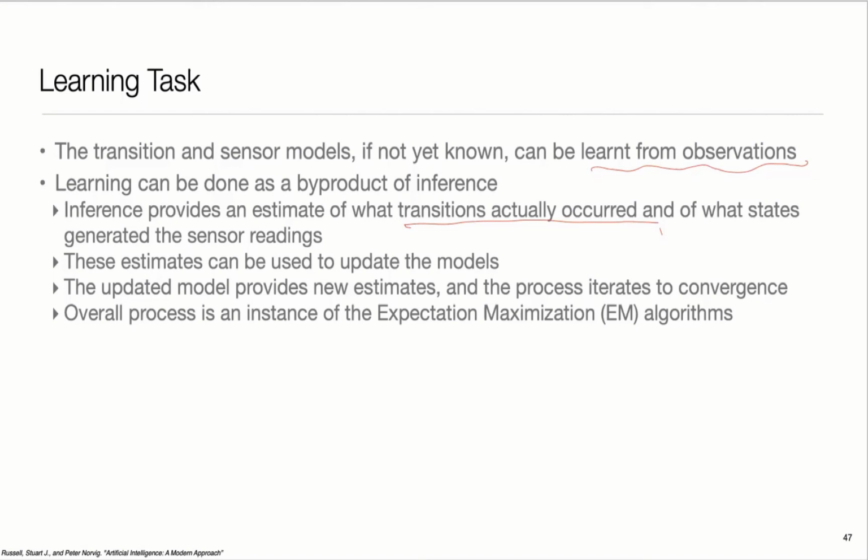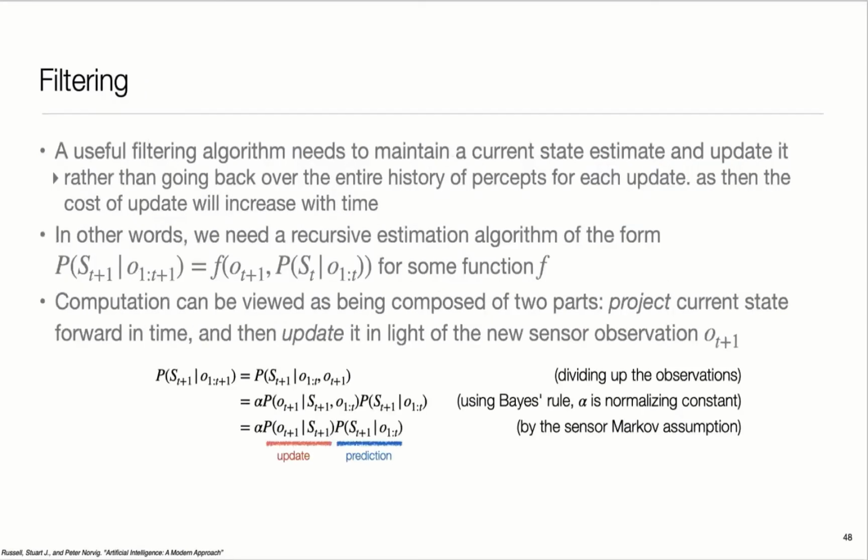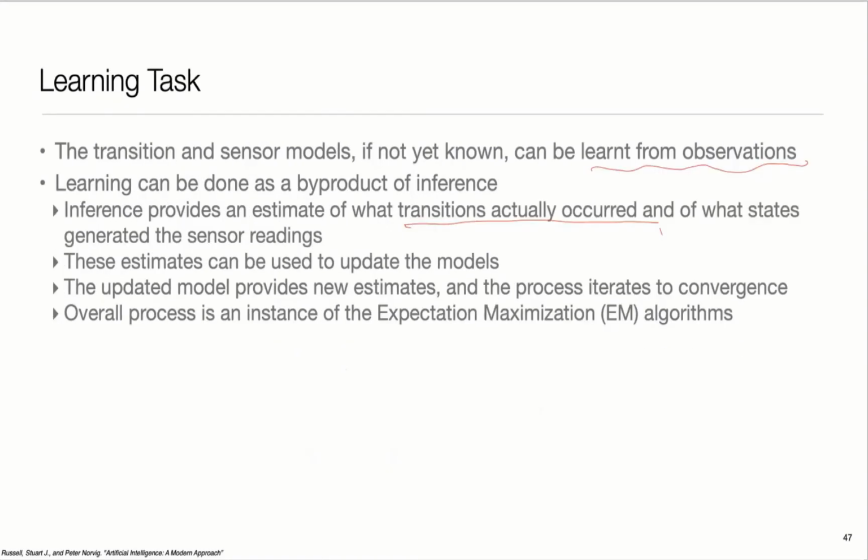A little bit like the expectation maximization process, we iterate: I have a model, we make an inference from it, and then we go back and update the model. But we are not going to spend time on this at all. I'm instead going to focus on the inferencing task. So we'll assume that we have learned the model from labeled data, and learning these probability distributions from labeled data is straightforward.